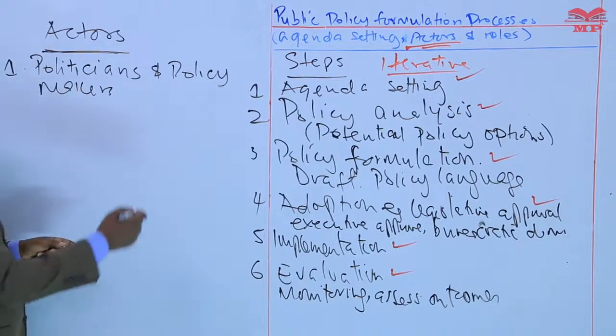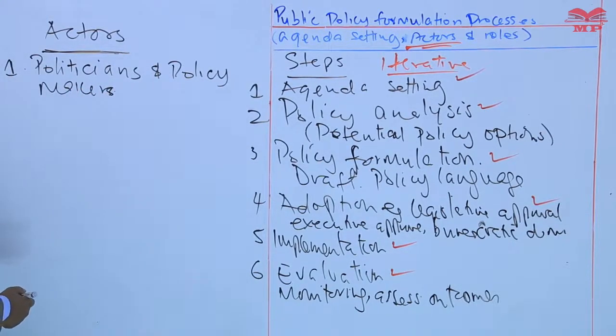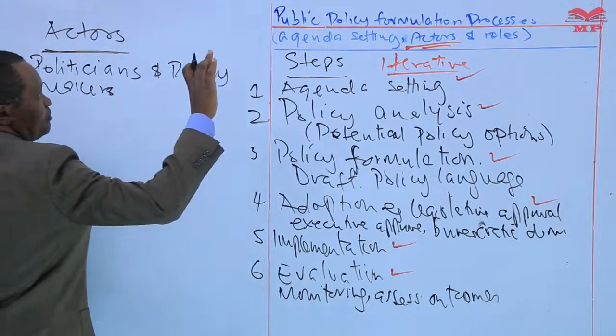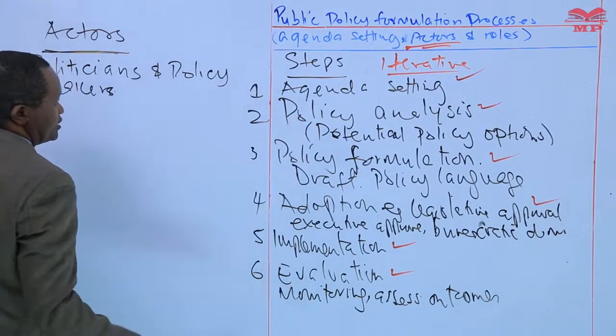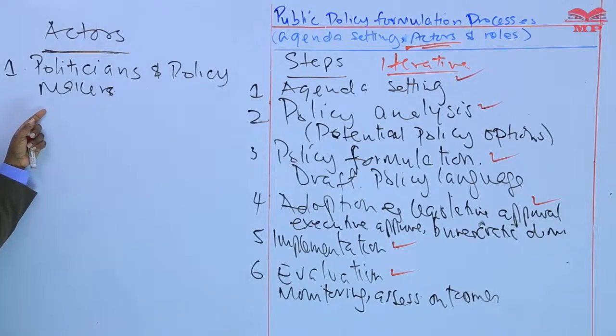So the policymakers and politicians, they are key actors in the public policy formulation process. I've highlighted their role. Their key role is that they're responsible for setting the policy agenda.